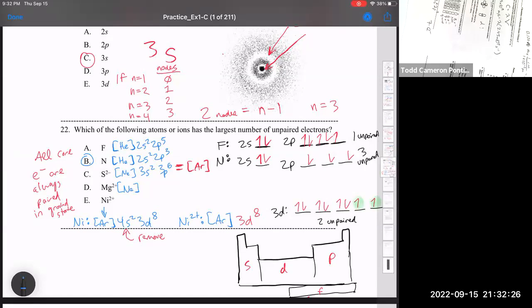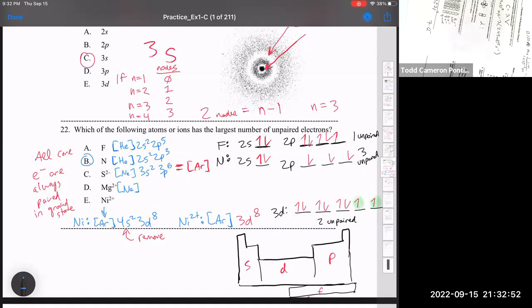Okay, got a question? It is easier to remove a p electron in a given row than a d electron. The d block starts to do funny things. Once you add enough protons, they start to act more like core electrons than valence electrons, but you're not responsible for that in this course.